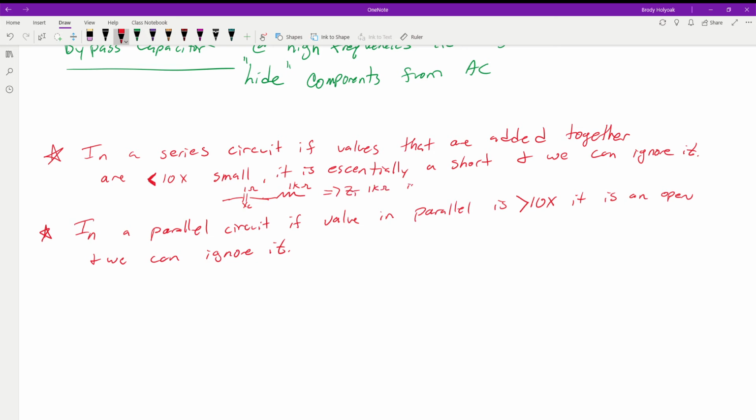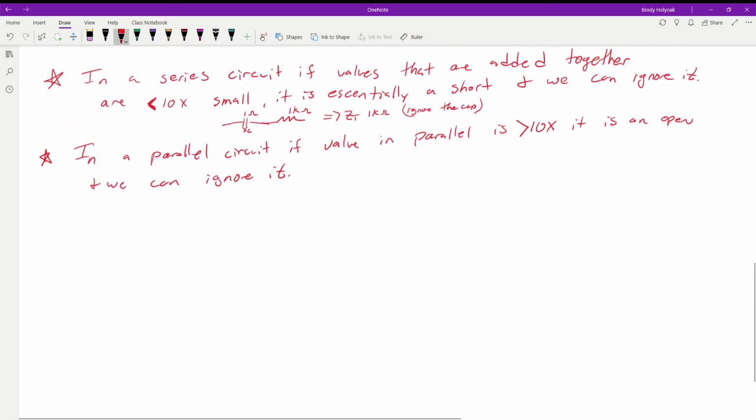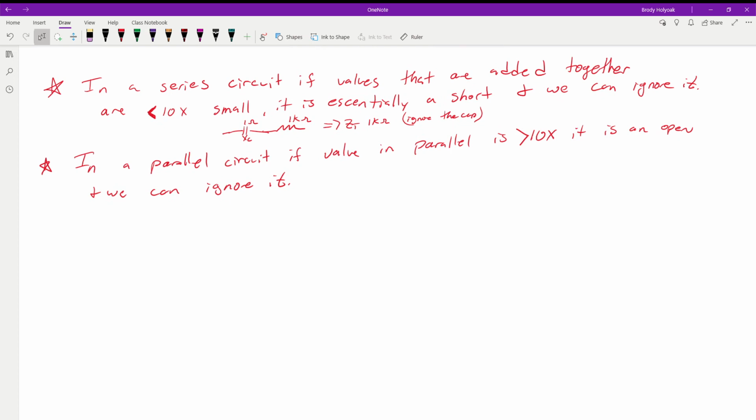We're going to ignore the cap, because at 1,000 ohms with 1 ohm, that's not going to make a big difference at all. It's something we couldn't even measure. We're talking about half a degree, tenths of a degree difference in our phase angles, so we can effectively ignore it. So in a parallel circuit, if the value is 10 times larger, we consider it an open, and then we can ignore it.